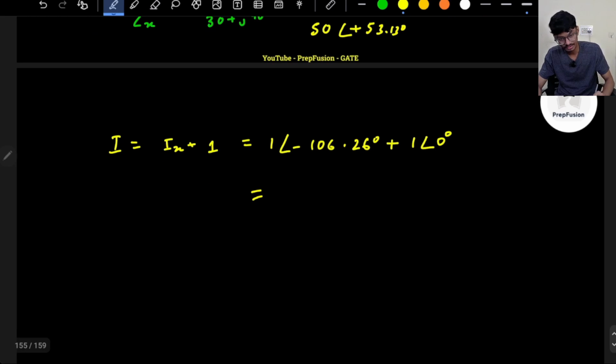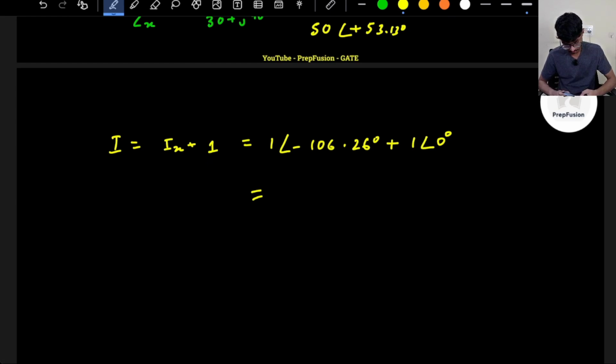Okay, so now you can do the simple computation. Again I have to convert this into rectangular because I have to add the two quantities.